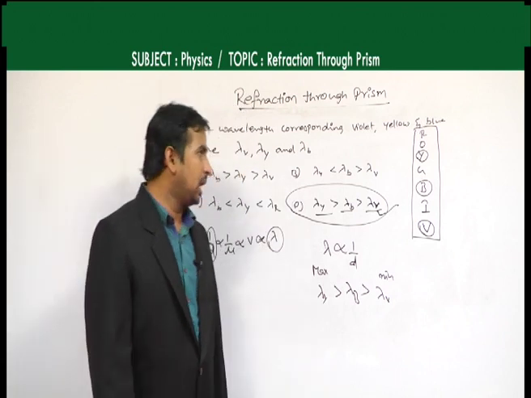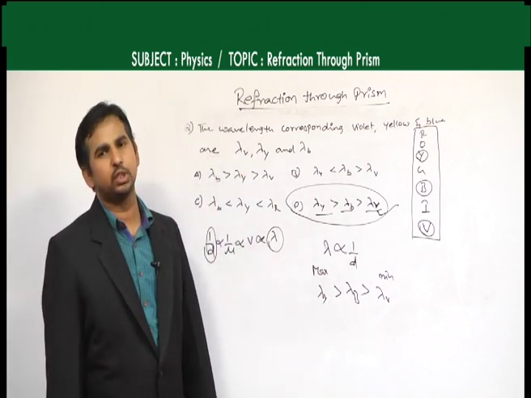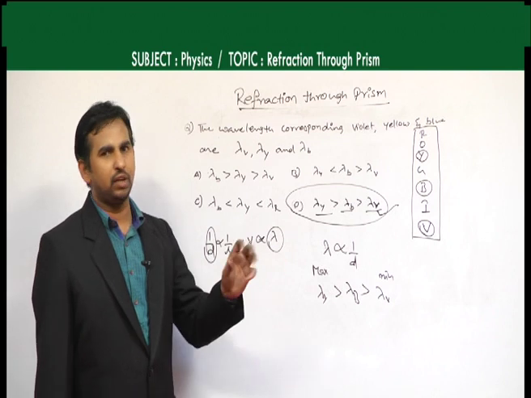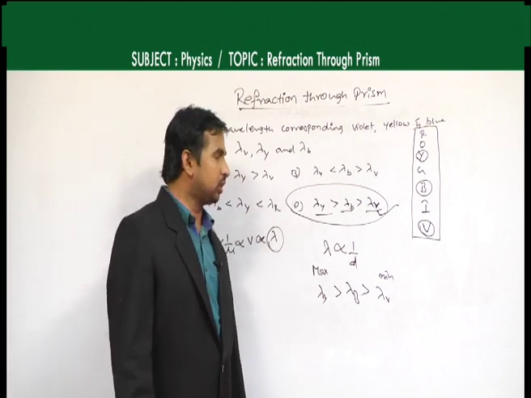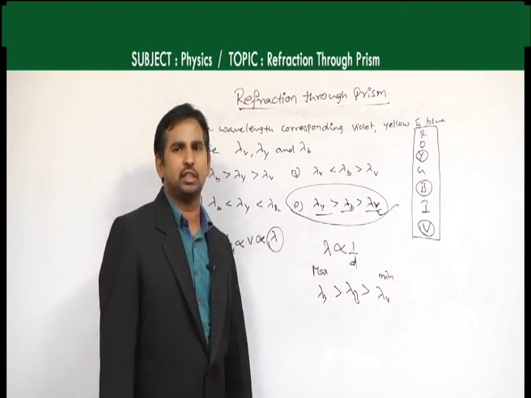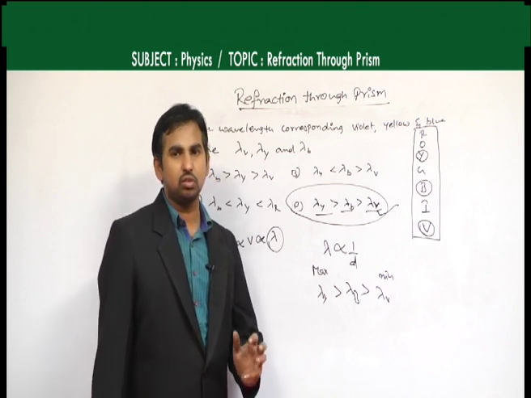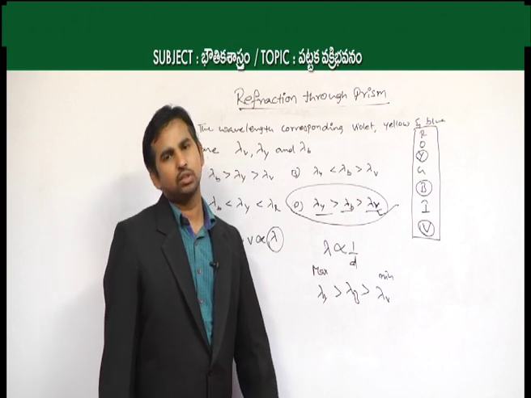For example, the wavelength is more for red color, and wavelength is nothing but the distance covered by the wave in the given time. So, the distance covered is more for red color. That is why we can see red color even from long distances.